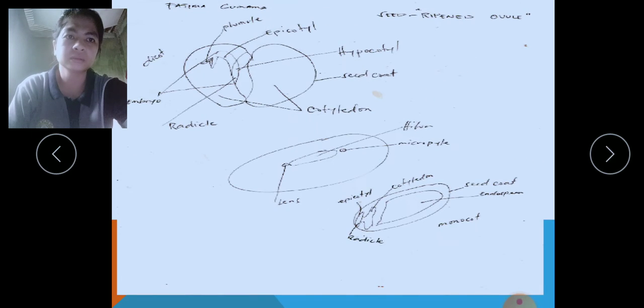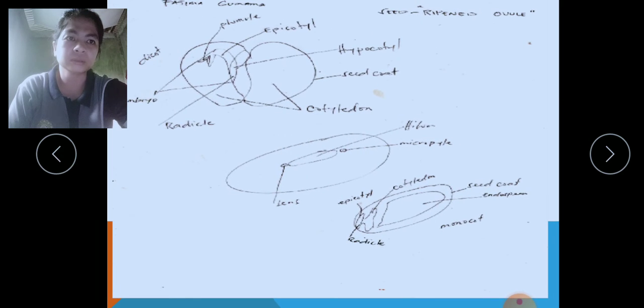But some other seeds at the maturity stage are still rich in endosperm, in the case of cereal grains and oil crops, because that is their economic part. The endosperm is where we can find the food reserve of the seed, and it protects the embryo, or the baby plant.